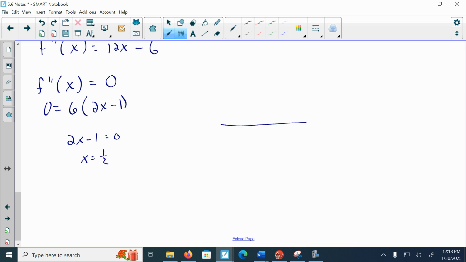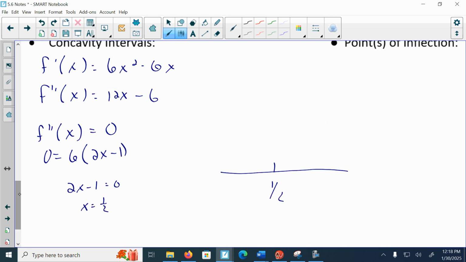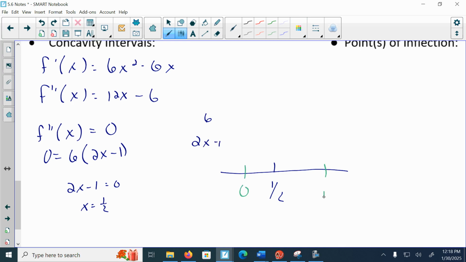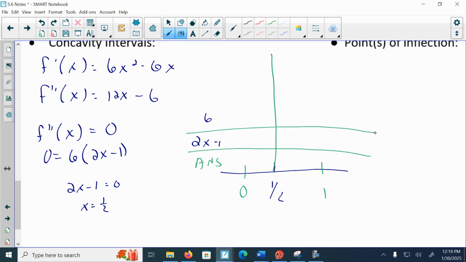So I'm going to go over here, and I'm going to find 1 half, and then I'm going to take my second derivative, which is 6 times 2x minus 1. Let's say I hit 0 and 1. So if I put in 0, this is going to be positive, this is going to be negative.